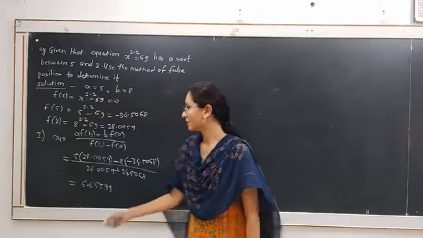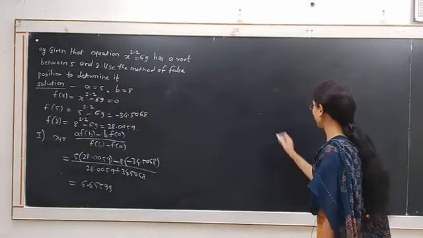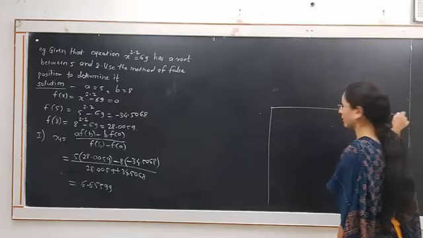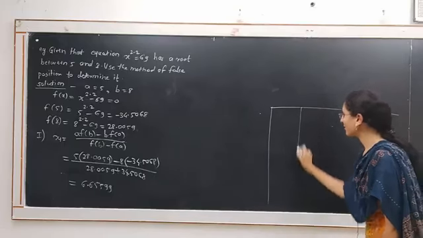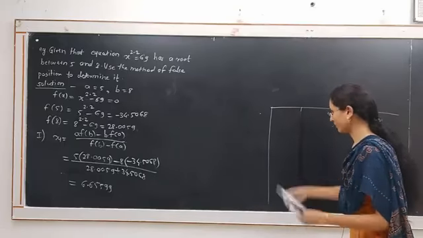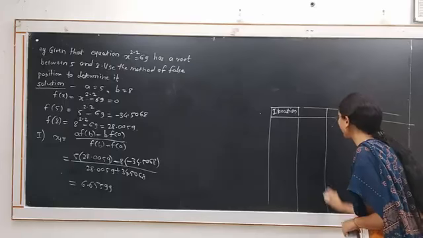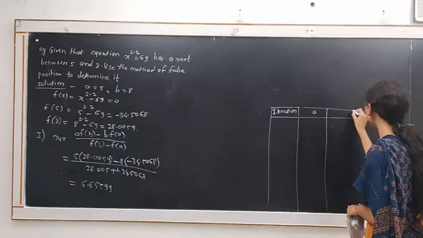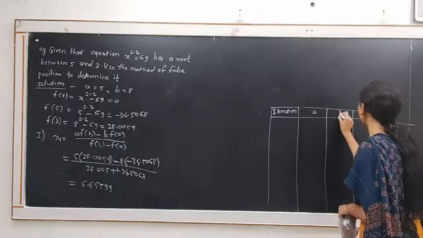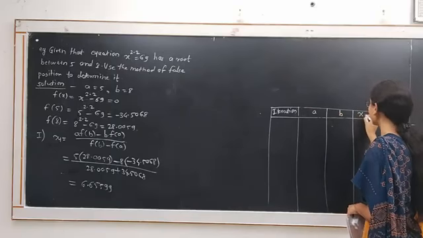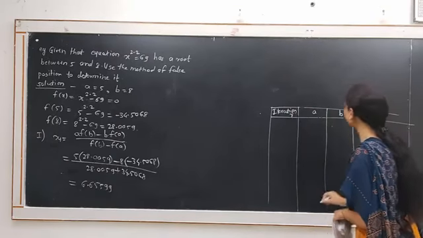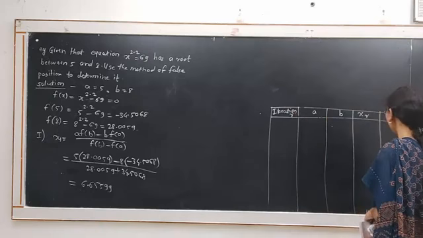We summarize these values in one table. Suppose this is the first iteration. The value of a chosen for the corresponding iteration, the value of b, the value of x r, where r is the iteration, and the value of f of x.